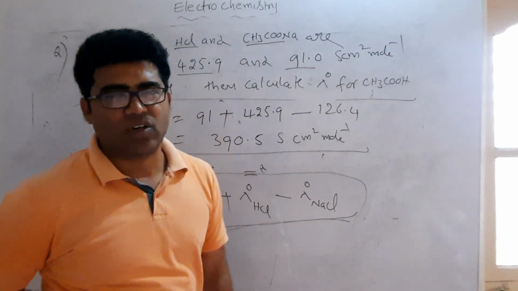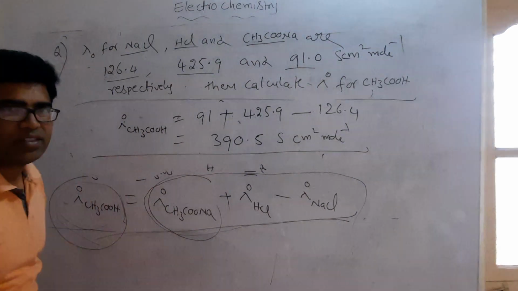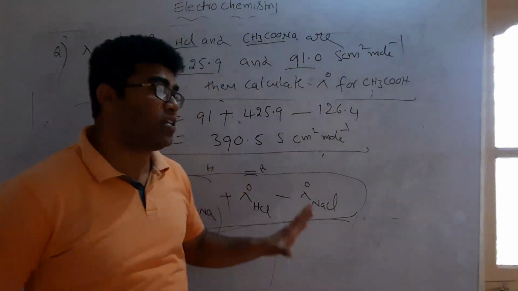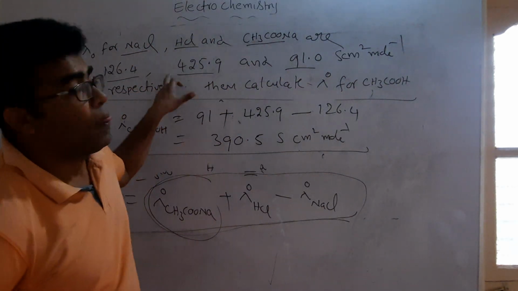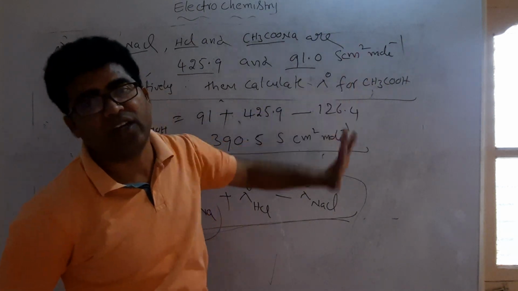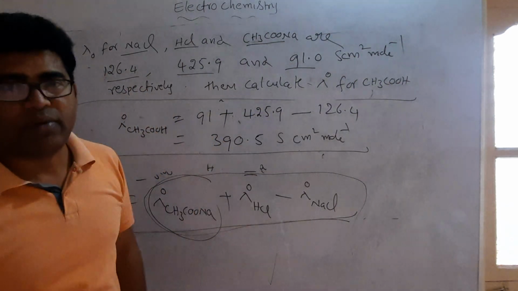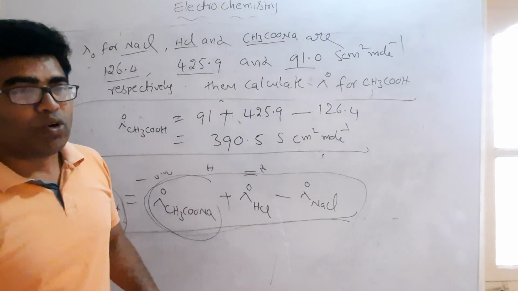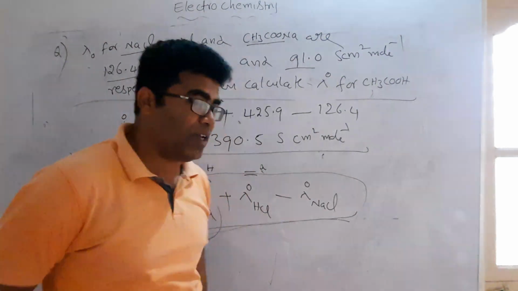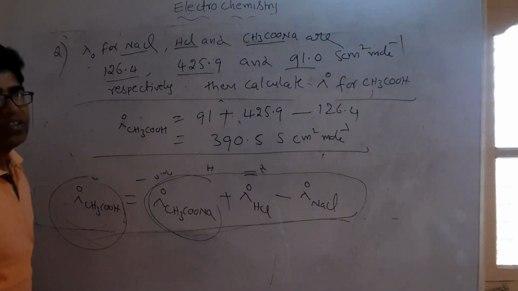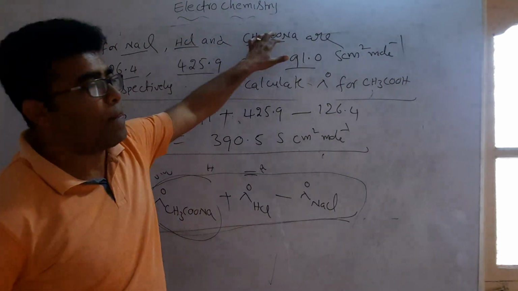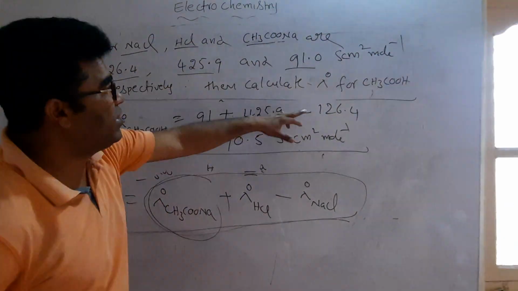Only for strong electrolytes, the molar conductivity at infinite dilution can be determined experimentally, but for a weak electrolyte at infinite dilution it cannot be determined experimentally. The molar conductivity at infinite dilution is also called limiting molar conductivity.